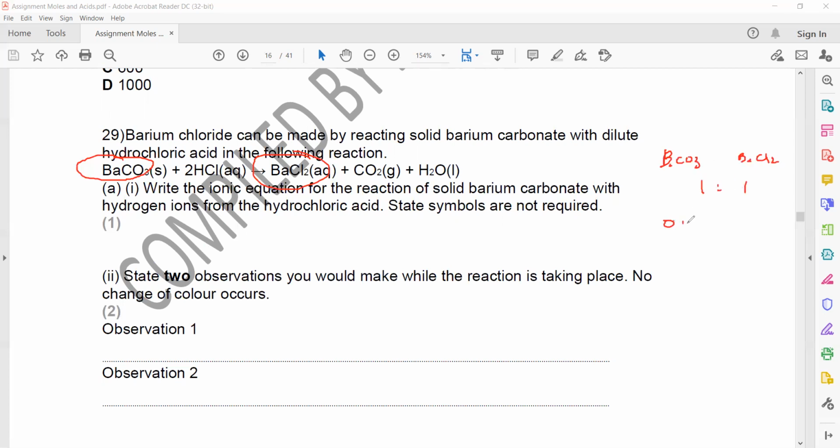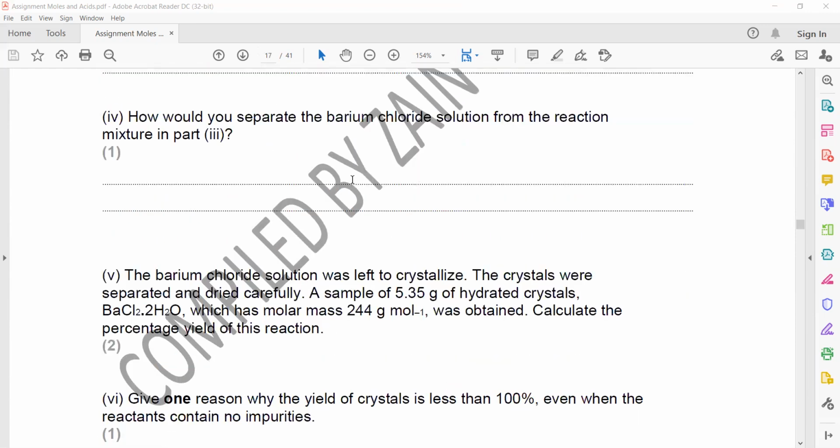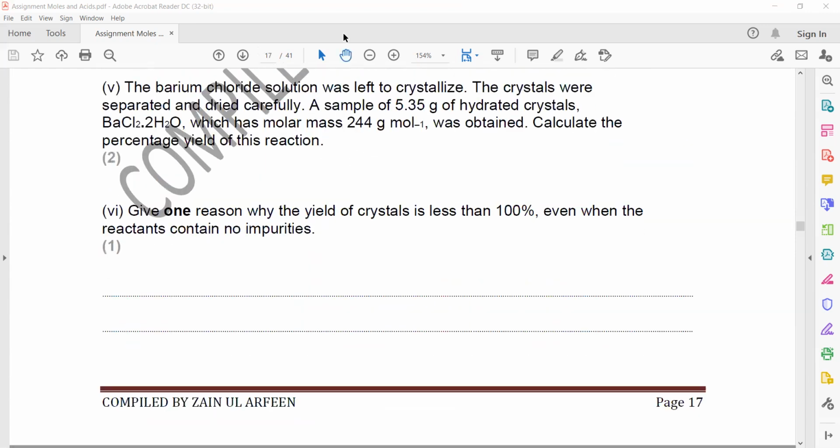So if we have 0.025, this will be X, so we'll get the same moles, 0.025. Hydrated and anhydrous salt will have the same moles, only the molar mass will be different. So 0.025 moles multiplied by molar mass will give the mass in gram for hydrated barium chloride.